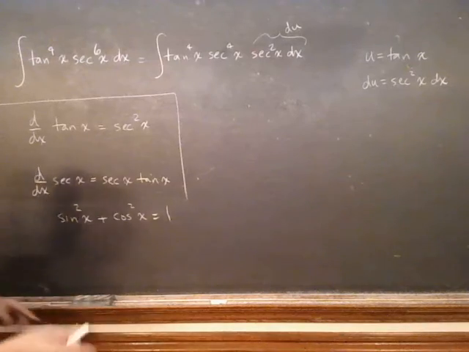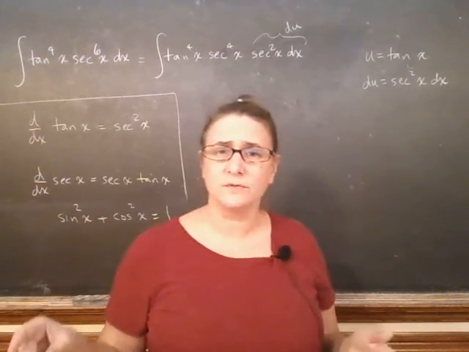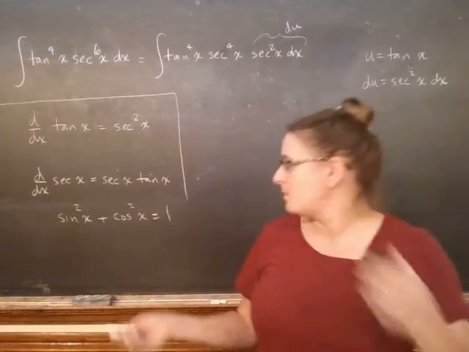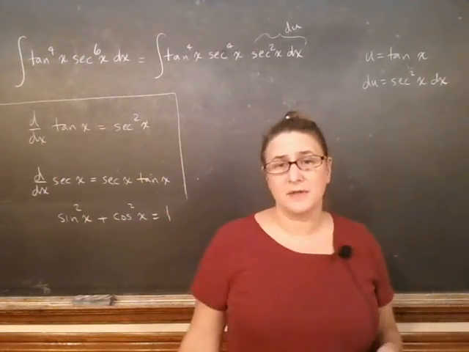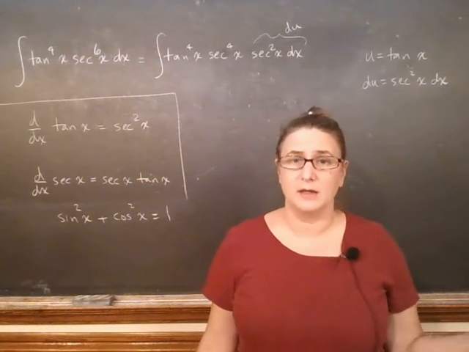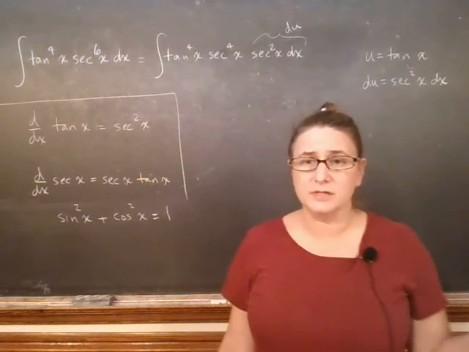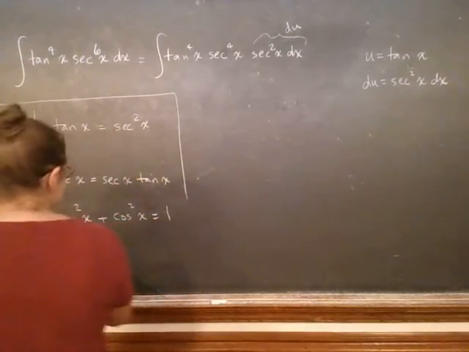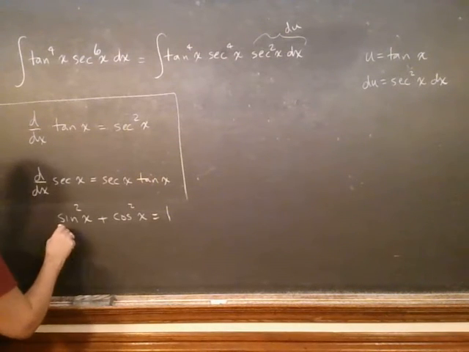It's very easy, if you forget your tangent secant formula, to come up with it from the standard Pythagorean identity. We know we want tangents, right? So tangent is sine over cosine. So I just divide this whole thing by cosine squared, right?